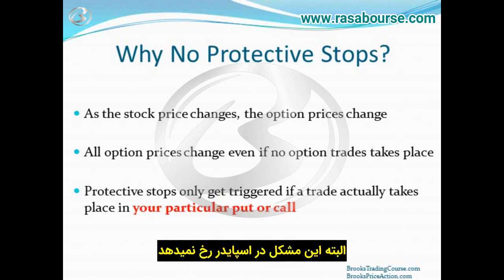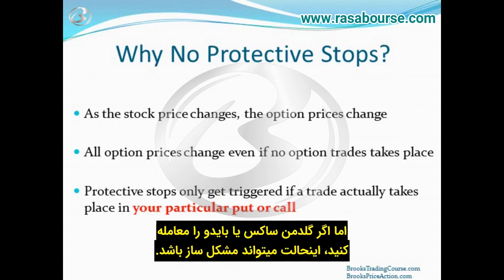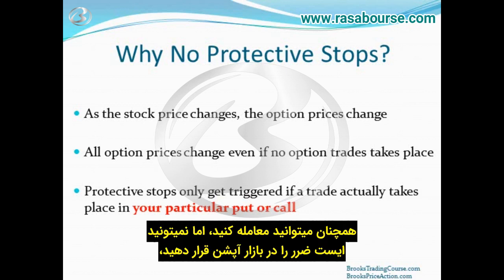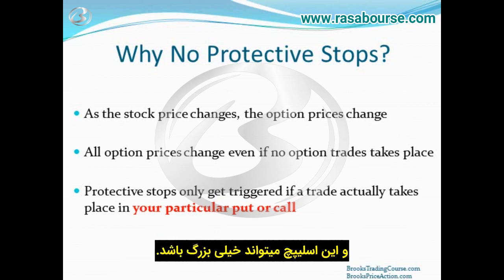That's usually not a problem in the spider because the volume is so big and the options are traded so actively. But if you trade Goldman Sachs or let's say Baidu or some thinner stock, that can be a problem. You can still trade them, but you cannot put stops in the options market unless you're willing to take huge slippage, and the slippage can be very, very big.